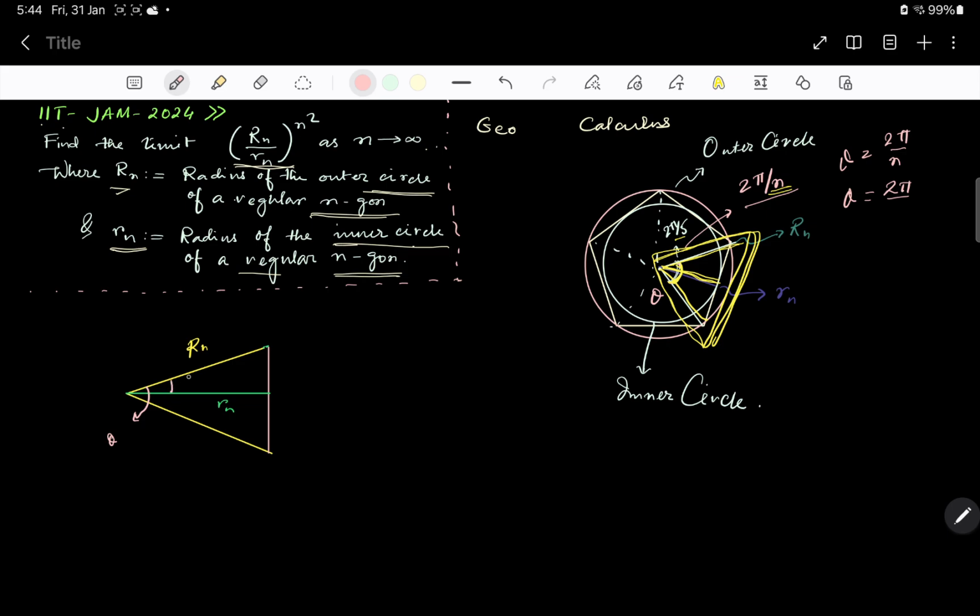Now we will simply take this angle, that would be theta by 2, and if that is theta by 2, this angle will be 90 degrees. Now we have a more simplified picture. Instead of having both the sides, I'm just interested in taking the upper triangle. Okay, so let's draw.